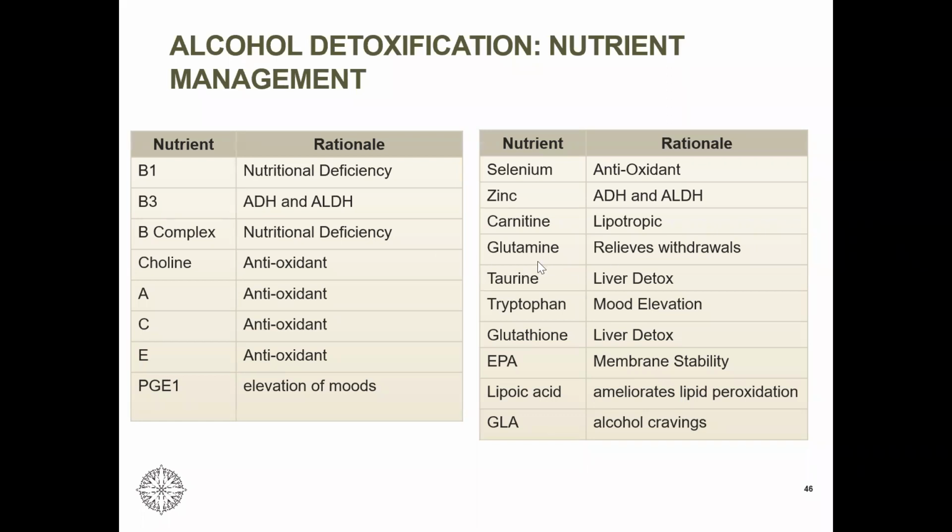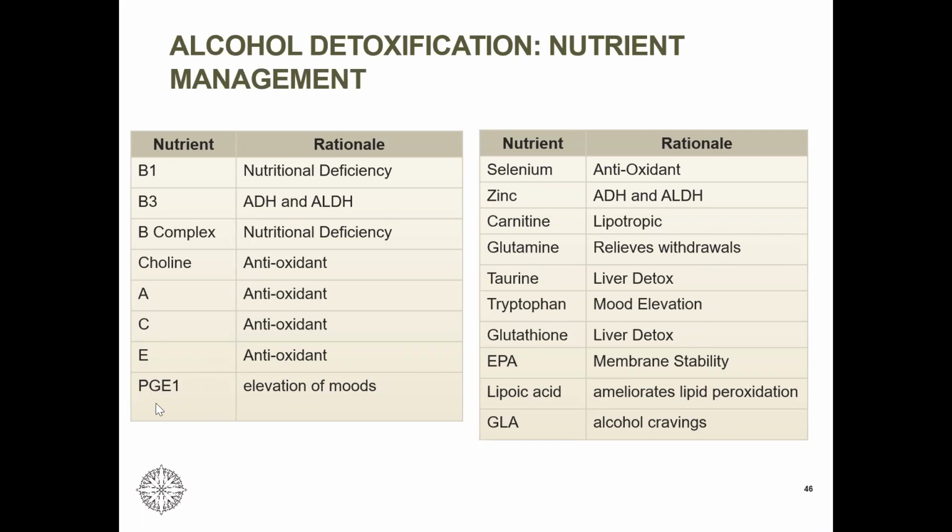Plus, because glutamine is a precursor for the neurotransmitter glutamate, it can work at the neurotransmitter level. So definitely remember glutamine for reversing detrimental effects of alcohol.